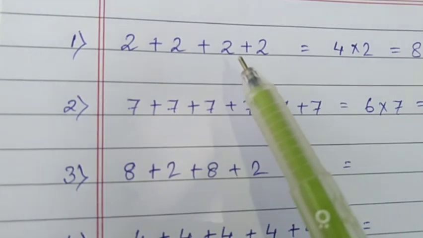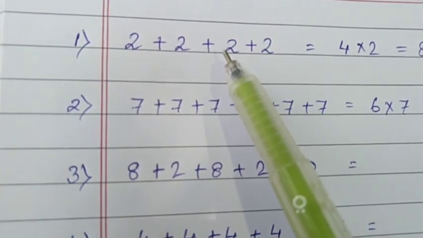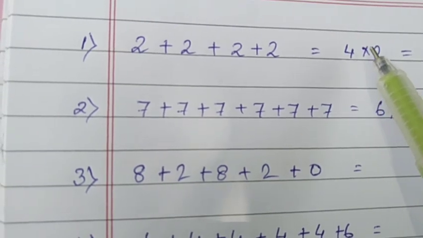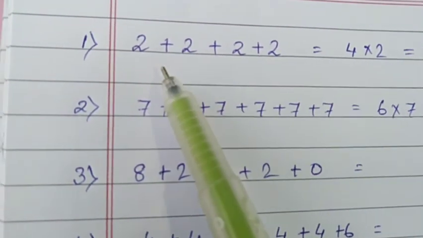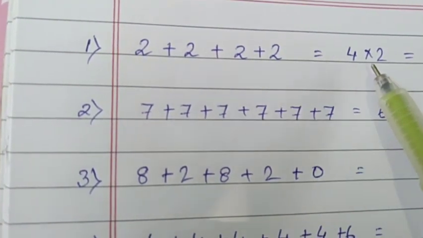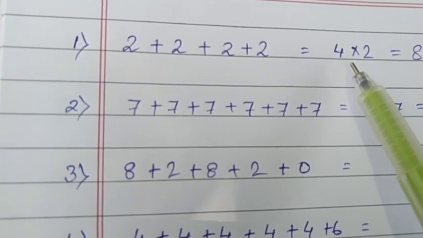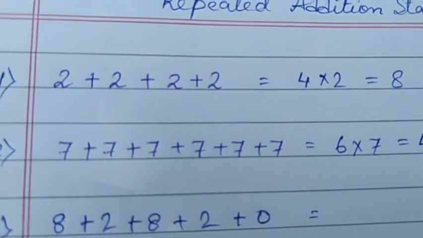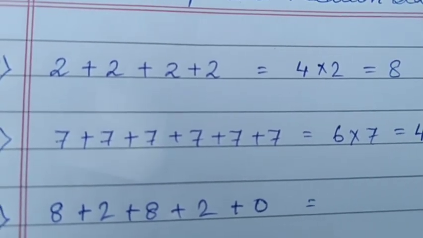Here 2 is added 4 times: 1, 2, 3, 4. So it is written here 4, then the sign of multiplication, and then the number that is being added, which is 2. So 4 into 2 is equal to 8. You have learned in the tables that 4 2s are 8.